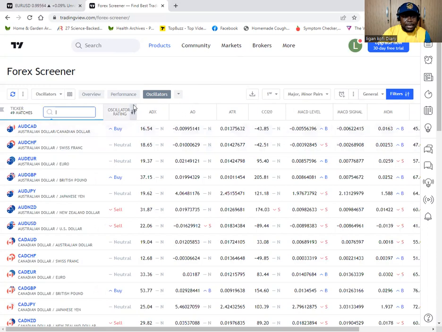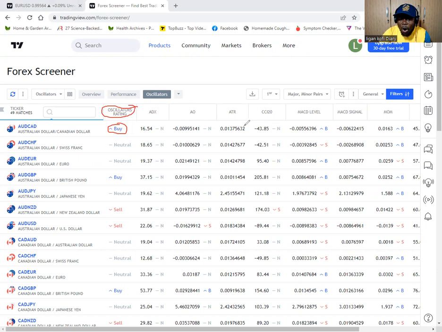At the end of the day, it is telling us the general result. So the oscillator rating you see here is the final result of adding all these 10 oscillator indicators. Is this clear? The oscillator rating you are seeing here, which is a buy, means that it has taken the results of ADX, AO, ATR, CCI, MACD level, MACD.